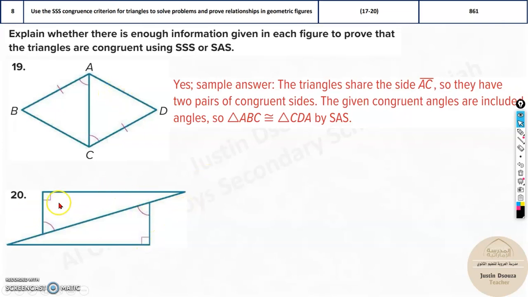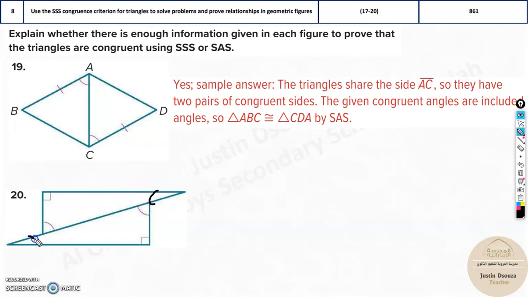Now, what about this last one? There is 90, 90, this angle, this angle. Now, do we know whether the sides are equal or any other sides is equal? Sadly, we do not know over here any other congruency. It's just the two angles. Even if all the three angles are equal, that doesn't mean it's congruent. They might be similar because over here all three angles are equal since two are known.